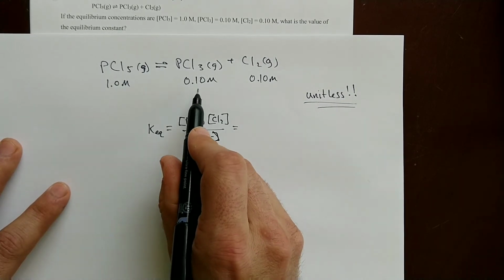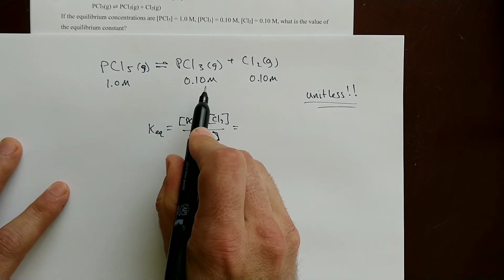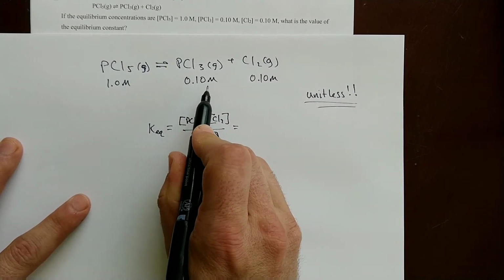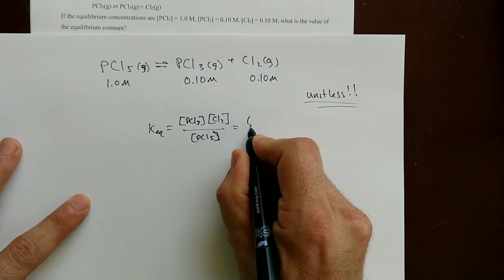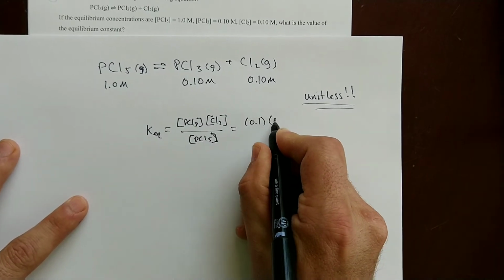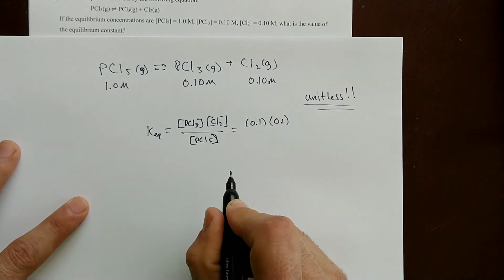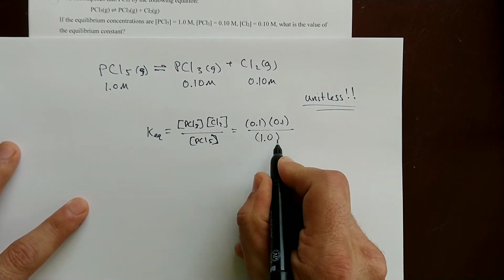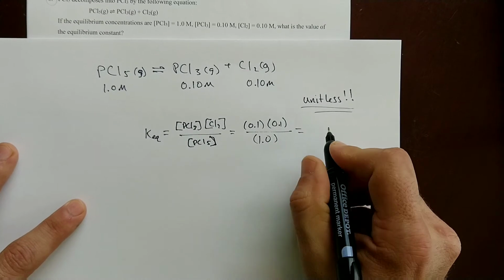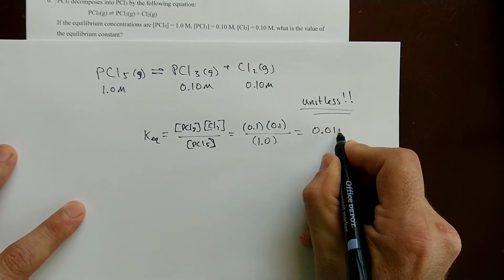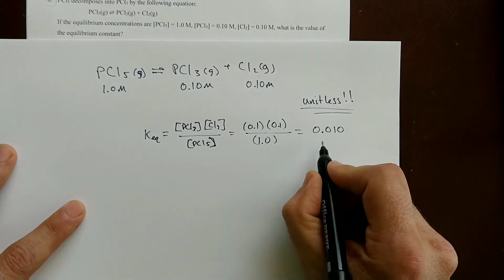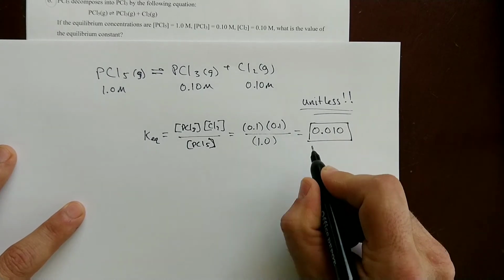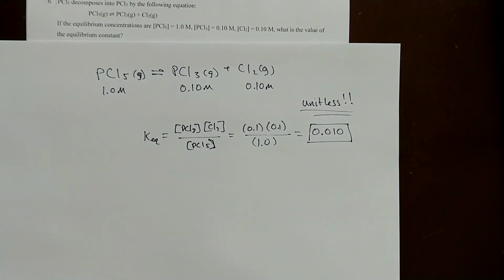So when we plug them in unitless, we take just the numbers and literally plug them in. 0.1 times 0.1 for Cl2 divided by 1.0. And we get 0.010 for 2 sig figs, and that's our answer. That's our equilibrium constant for this reaction.